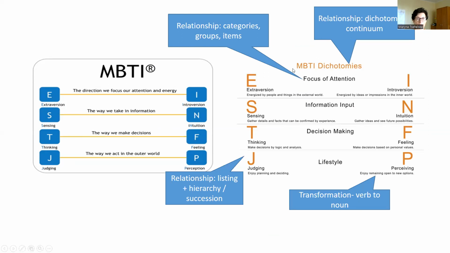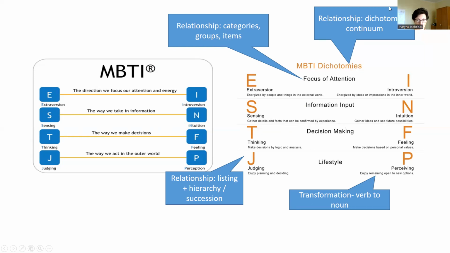Again, we have the relationship. Again, we have dichotomy or continuum. We have listing, and we can use transformation. So using this table, using this visual, we can talk about MBTI dichotomies, which are presented in the four categories that are focus of attention, information input, decision making, and lifestyle.